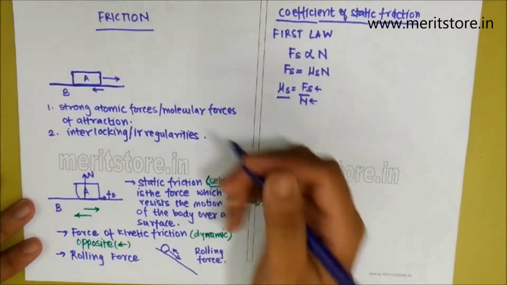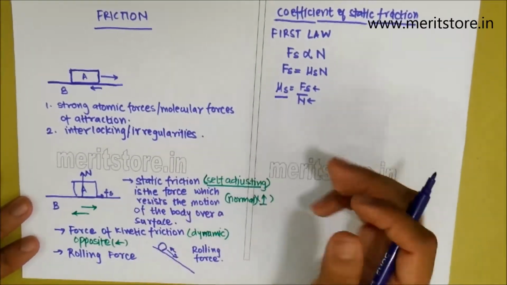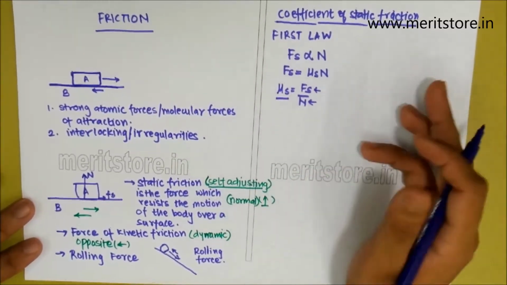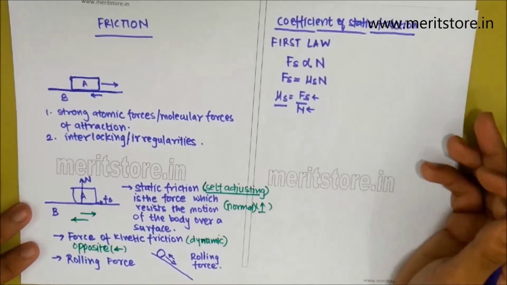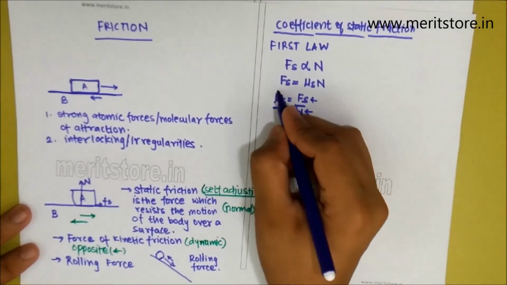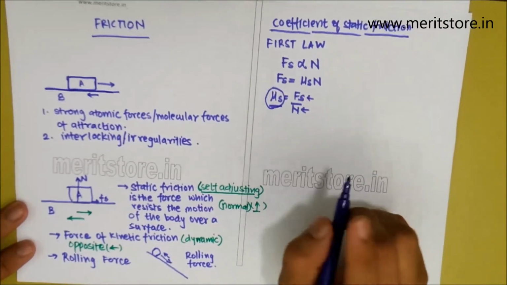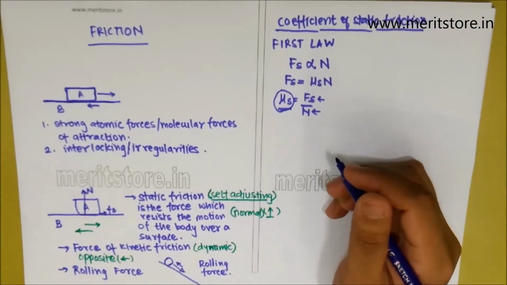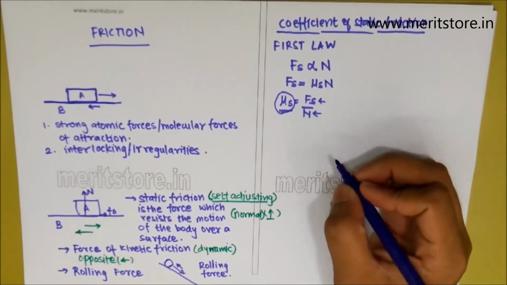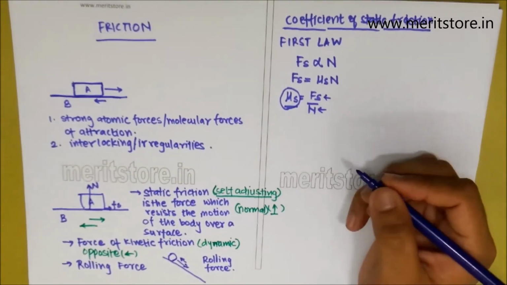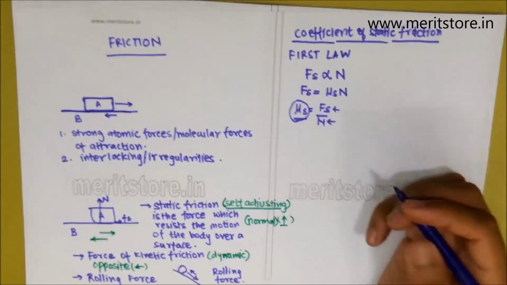But as we change the body and as the area covered by the body is different, the force acting would be different, the force opposing would be different, and therefore the coefficient of static friction would also be different. As I stated, the second law of static friction states that the limiting force of static friction is independent of the apparent area of the body in contact.